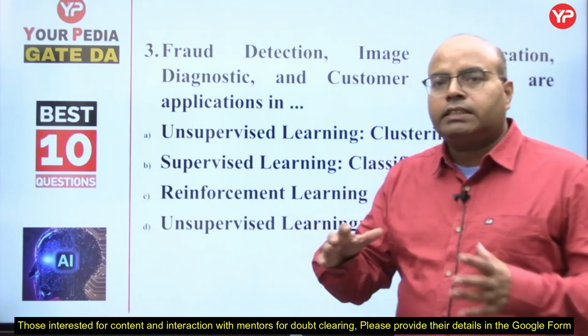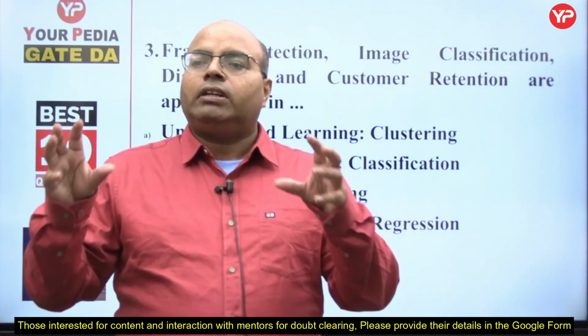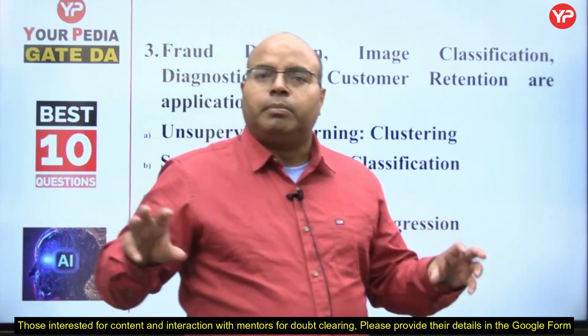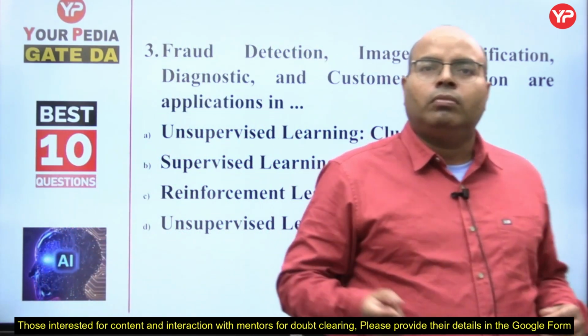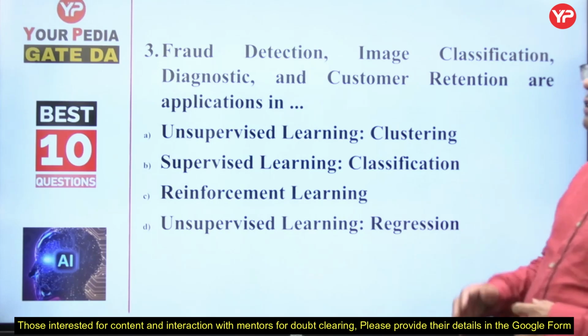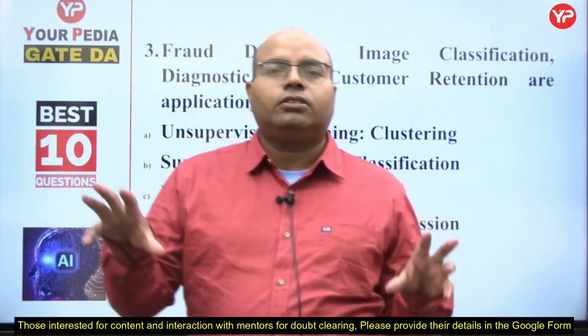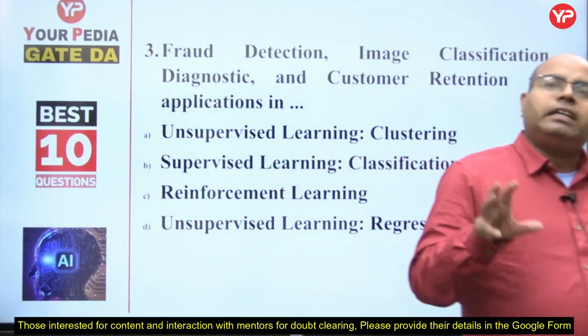So the machine itself is labeling the data. First it will do clustering, it will take similar data, separate, and then it will do labeling. The machine will do that itself, it will give its own labels. And in supervised learning, there is a supervisor who is telling this is this, this is this, this is this. With that supervision, we are getting labeled data.